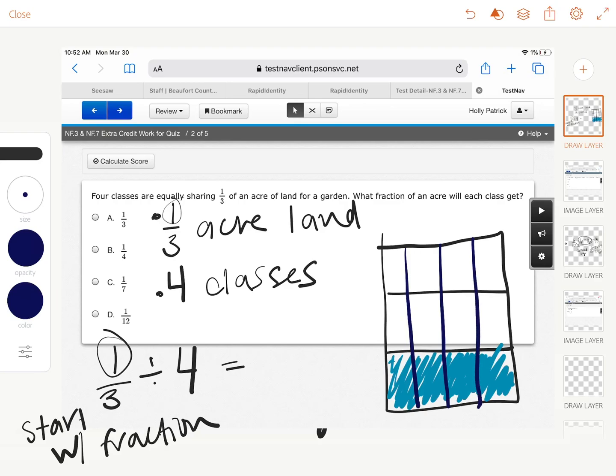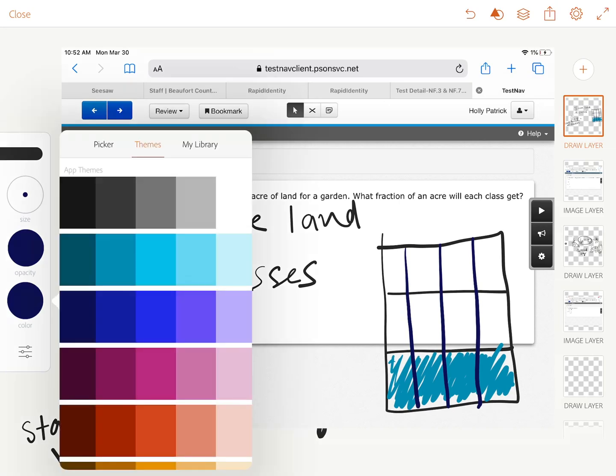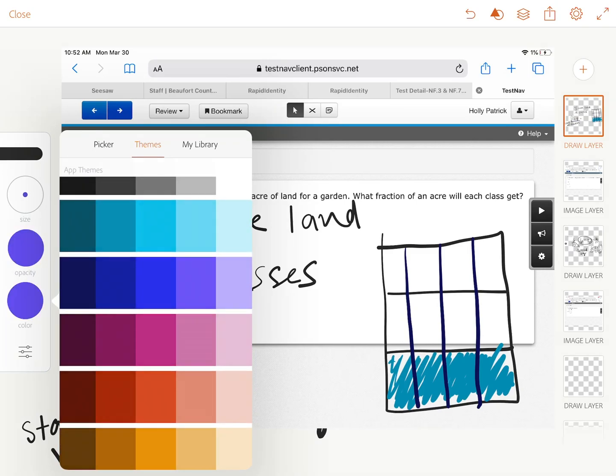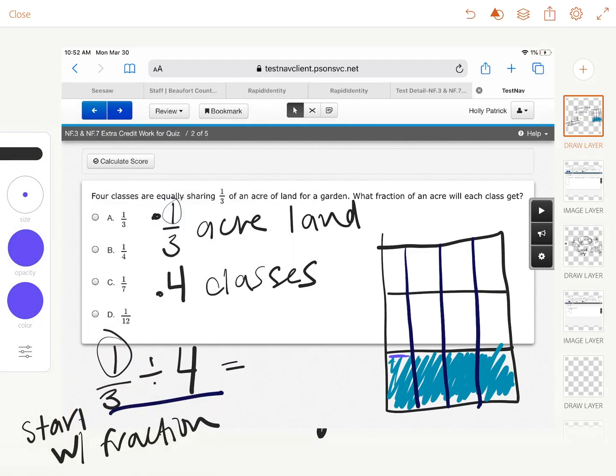And when I'm looking for the answer to this expression that I made, 1/3 divided by 4, I'm only looking for one piece, which is going to be this one. But when I find an answer, I have to look at it as a whole and not just that one part. So I know I've got one piece, okay, because this is going to be class 1, class 2, class 3, class 4, and we're trying to answer what fraction of an acre will each class get, okay?